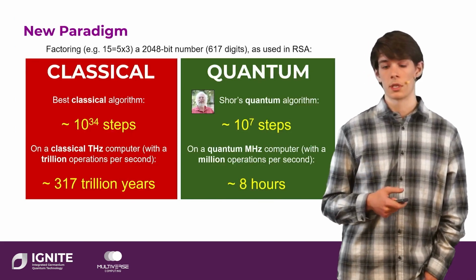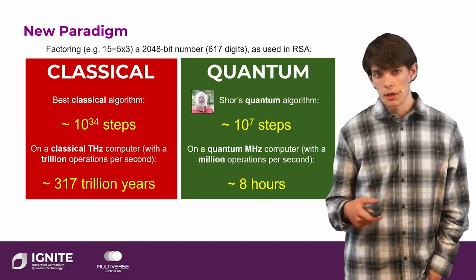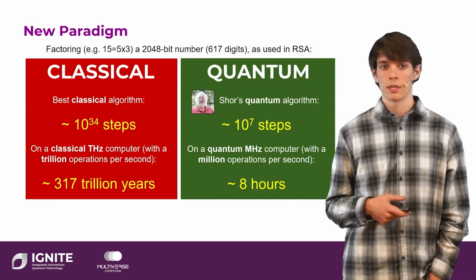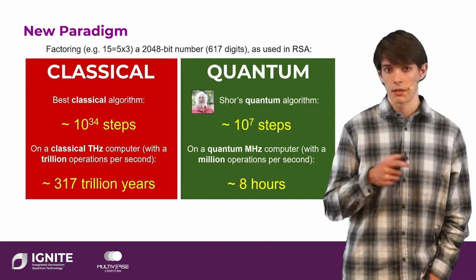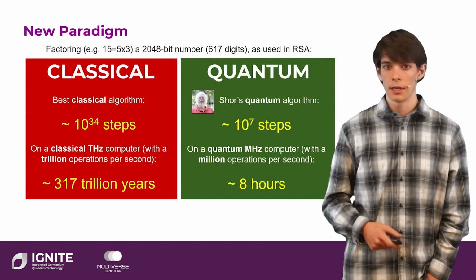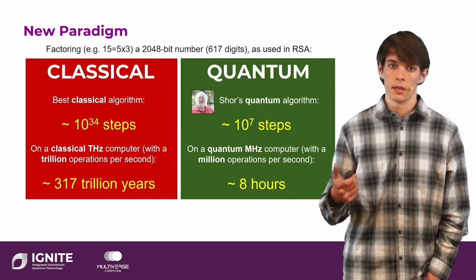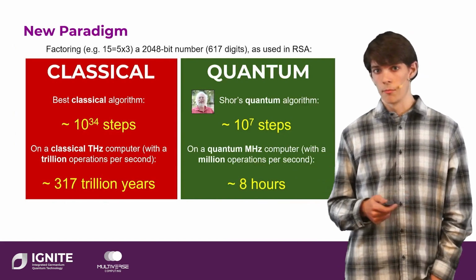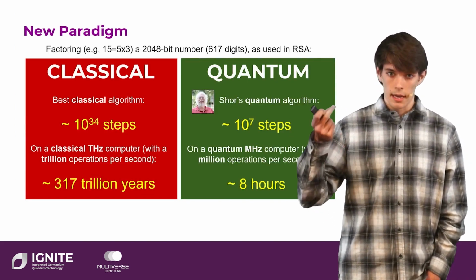Here you can put some numbers on it, and you see that the classical algorithm would need 317 trillion years to factorize a number with 617 digits, against the 8 hours that Shor's algorithm would take for solving the very same problem. And that is something that can be achieved.